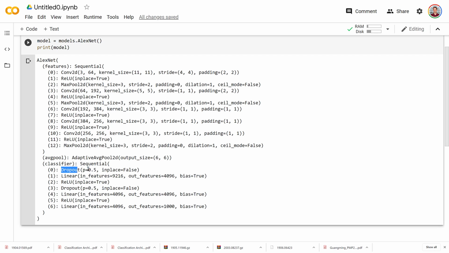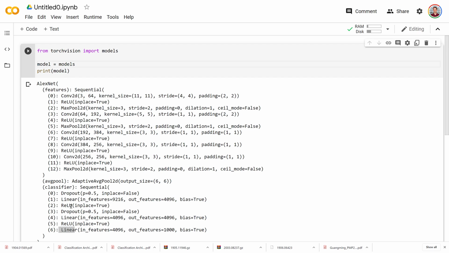All right, let's go further down. What we can see here is a dropout layer with the dropout probability of 0.5, and then a linear or fully connected layer, another dropout, another linear, and here another linear. So we can see 3 linear layers.